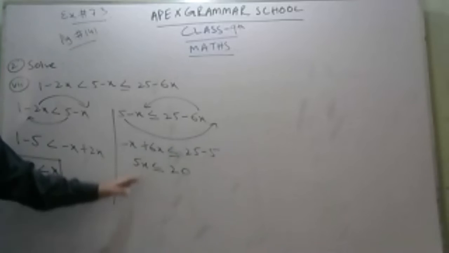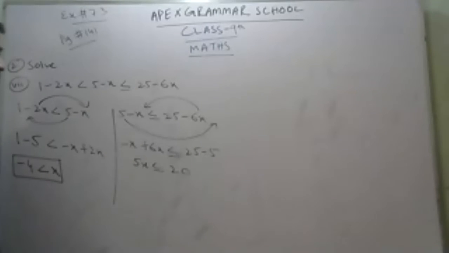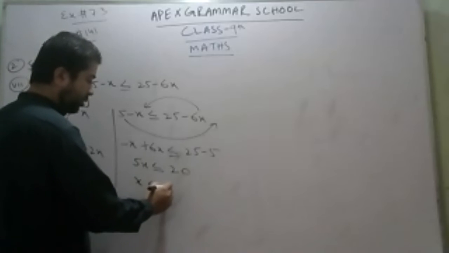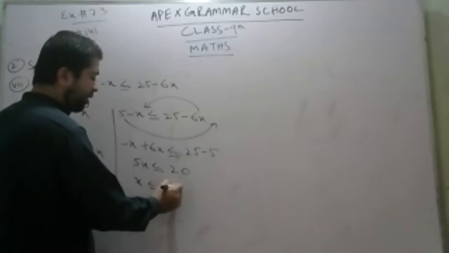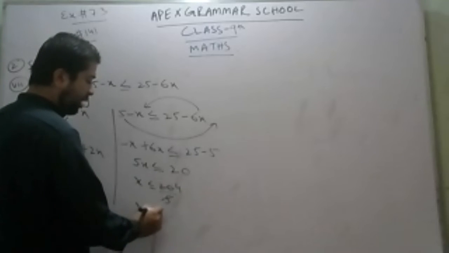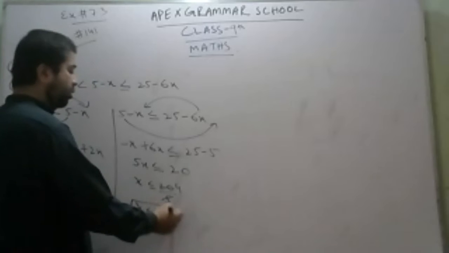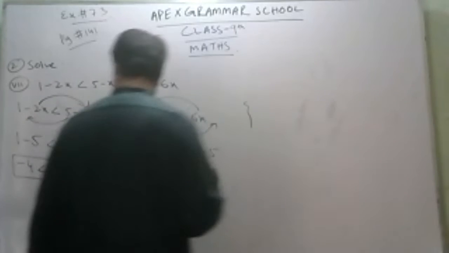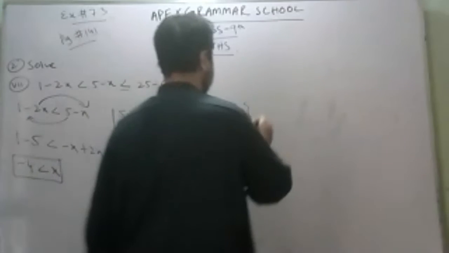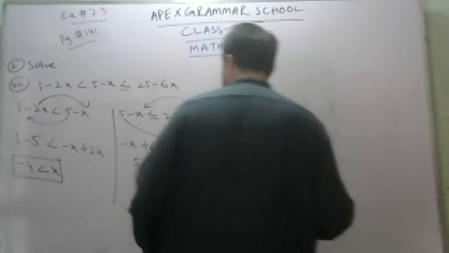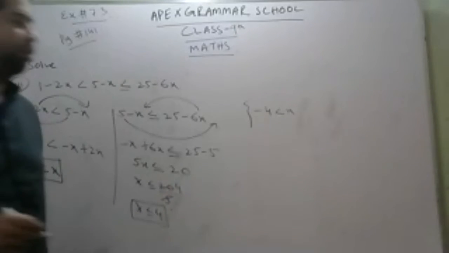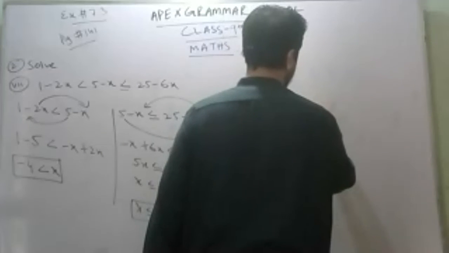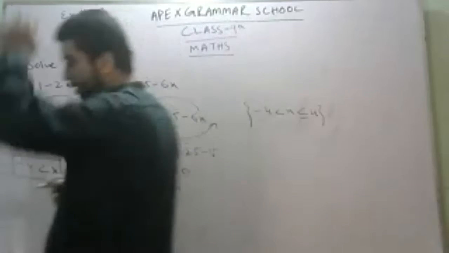Now this 5 is going to divide the right hand side. 5 ones are 5, 5 fours are 20. So x is less than or equal to 4. Now you need to make the proper solution set: minus 4 less than x, and x is less than or equal to 4. And that's it.